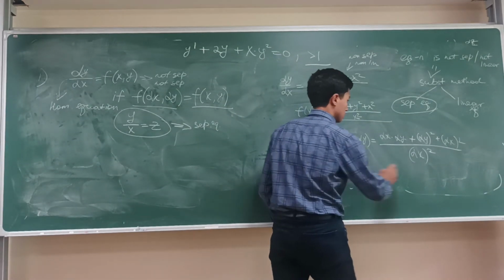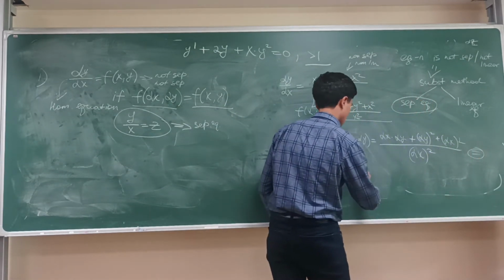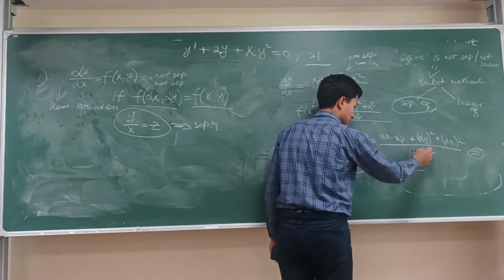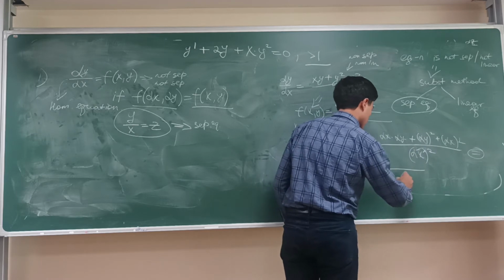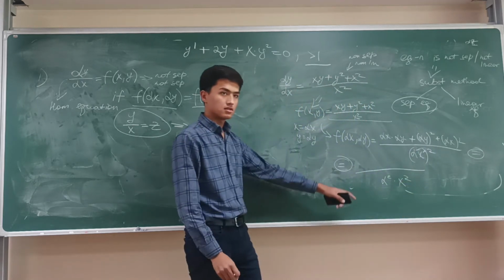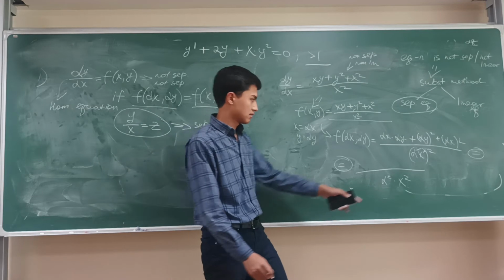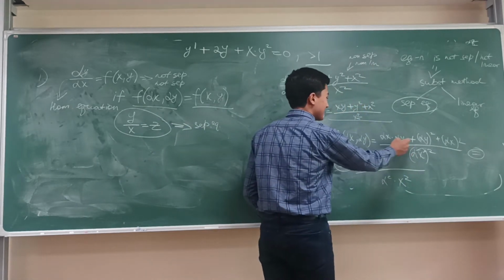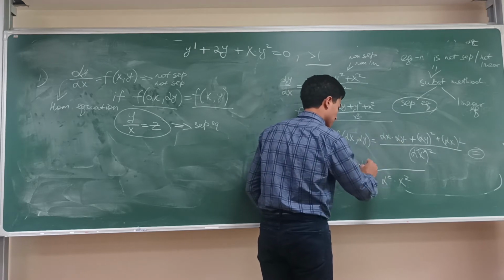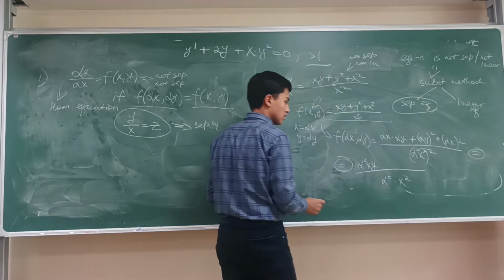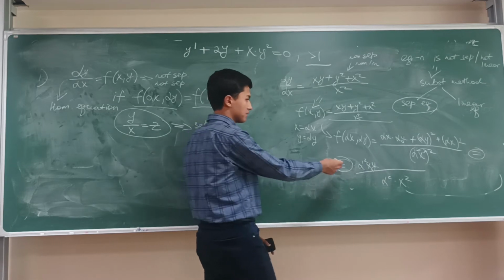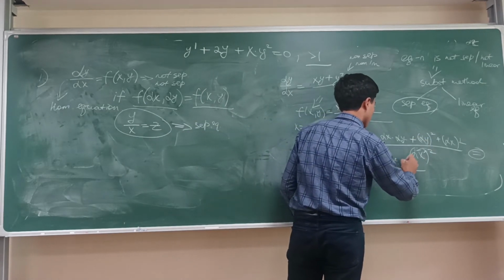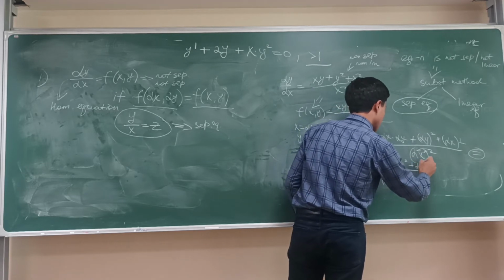So this equals, in the denominator, alpha squared x squared, and here alpha squared xy, and then alpha squared y squared plus alpha squared x squared.